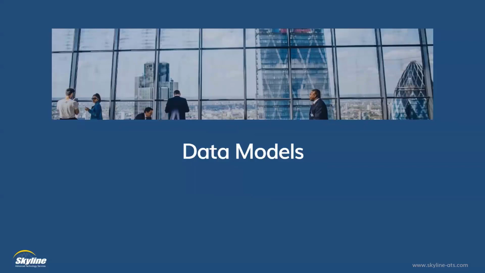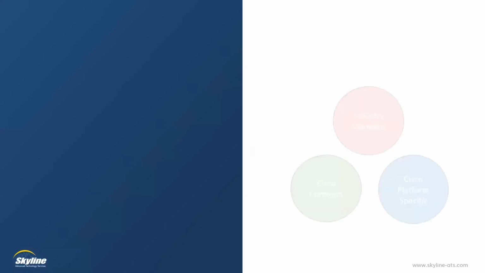It would be a lot easier if I didn't care what those commands were. In other words, if I just wanted to change something and I didn't have to know what the configuration command was, I could just say, hey, go change this interface, and it would make that change. And this is where data models come in. So what is a data model?